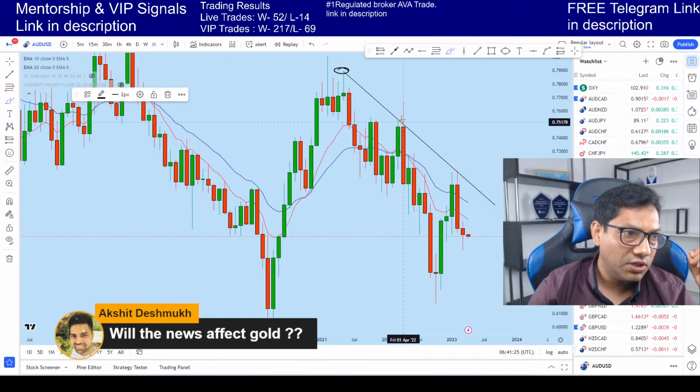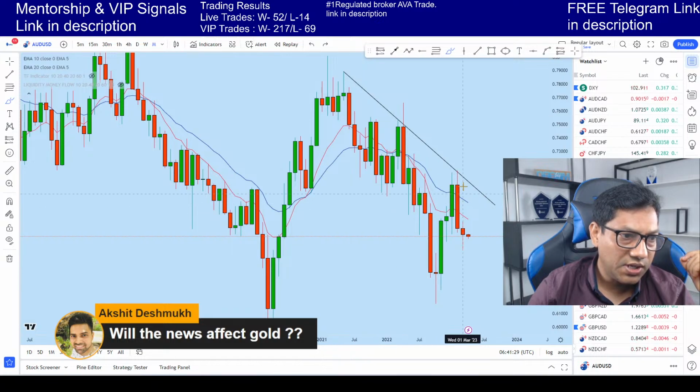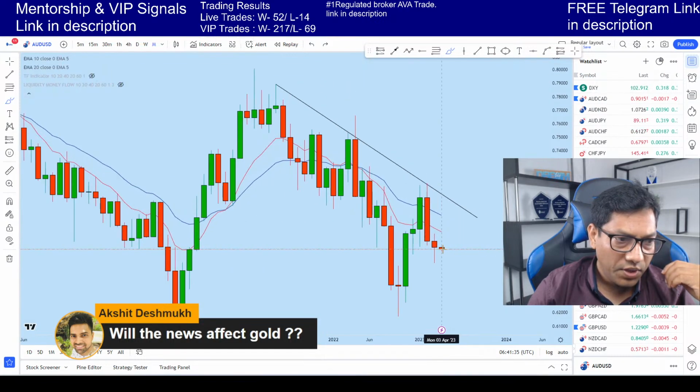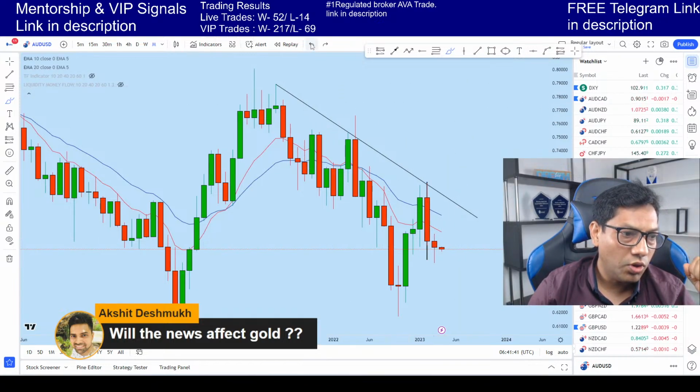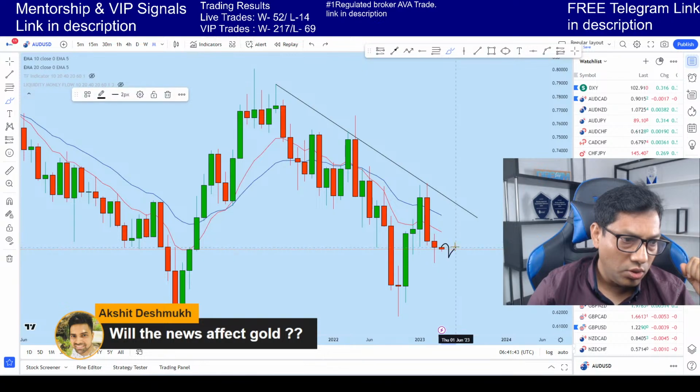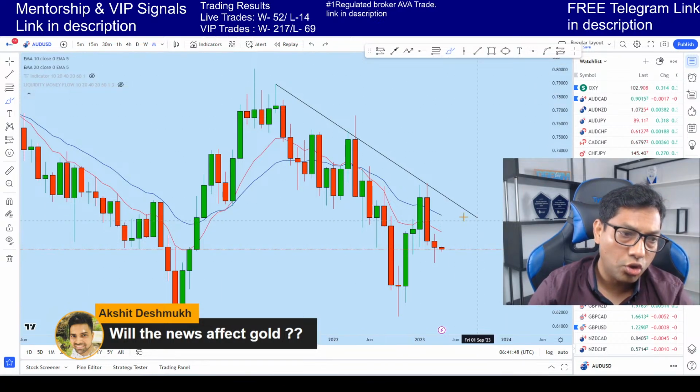Resistance here, resistance here, resistance here. With that resistance, the price has formed this long bearish engulfer followed by a doji. When you see, in the direction of the trend, a long bearish engulfer followed by a doji, it's a continuation pattern. So I think AUD USD could continue to drop, for the short term at least.